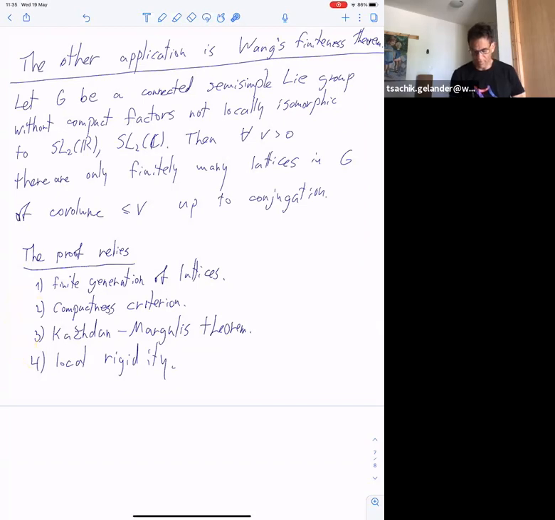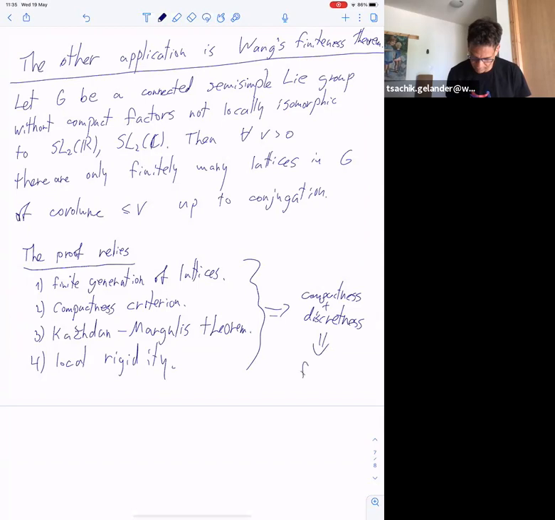So if you combine them together, this implies compactness plus discreteness of something, which implies finiteness.